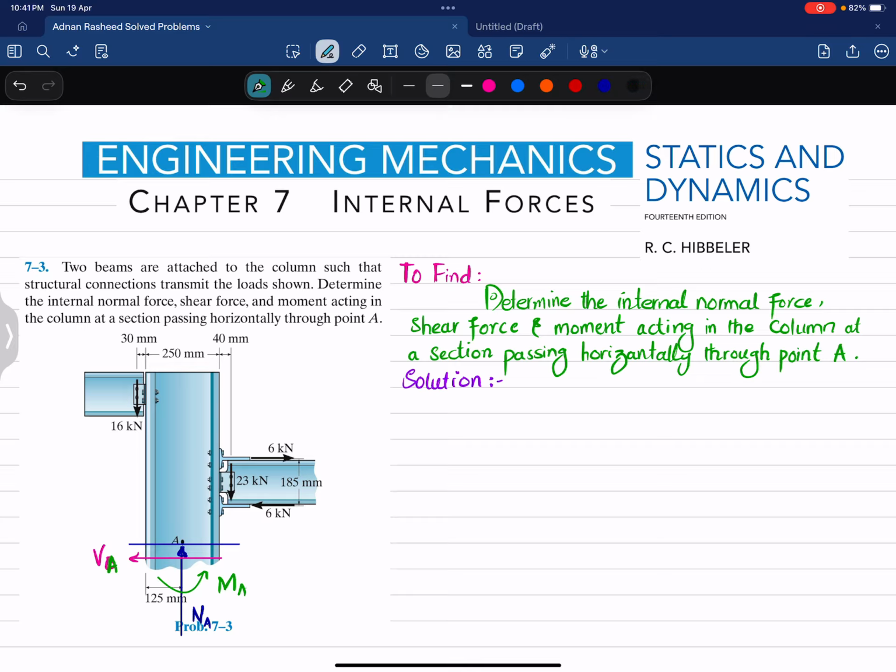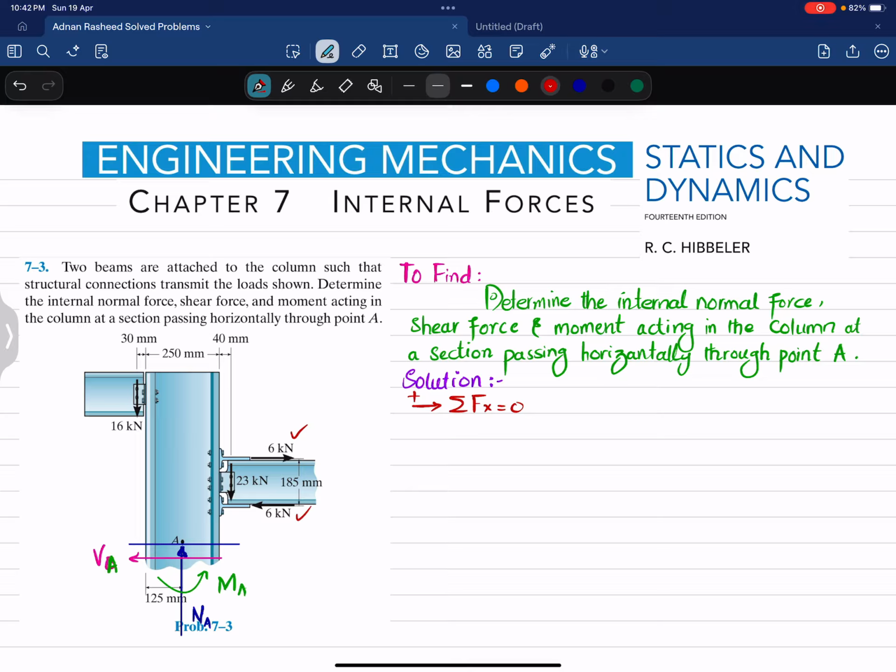Starting with the first one, we apply the equation of equilibrium that the sum of all forces along the x direction must be equal to 0, and force toward the right is taken as positive. Here you can see you have three forces. One is this 6 kilonewton load that is acting in the positive direction, so it will be plus.